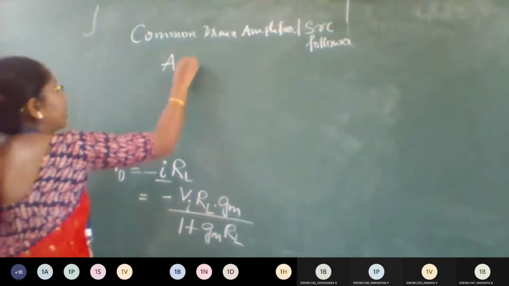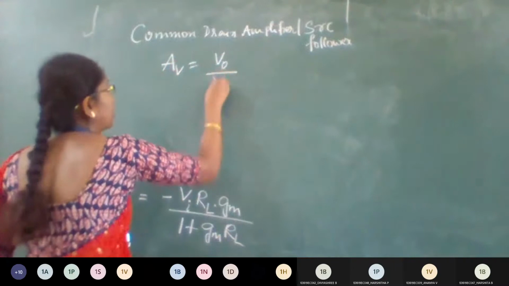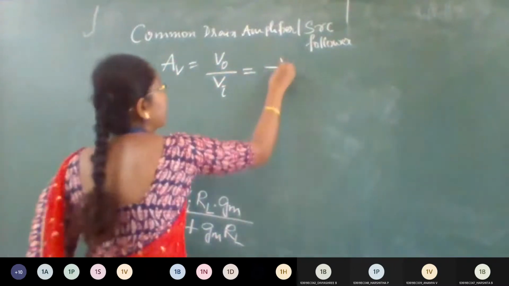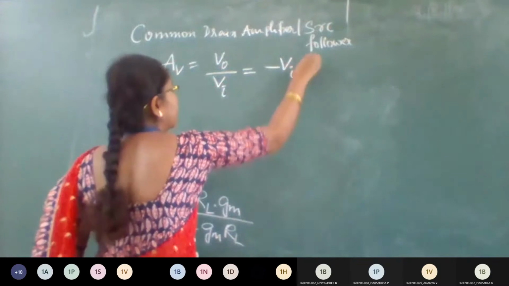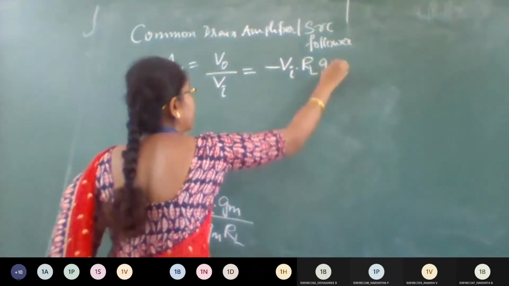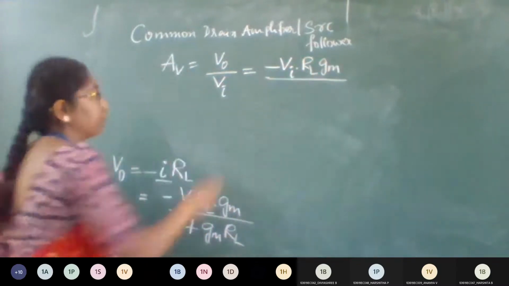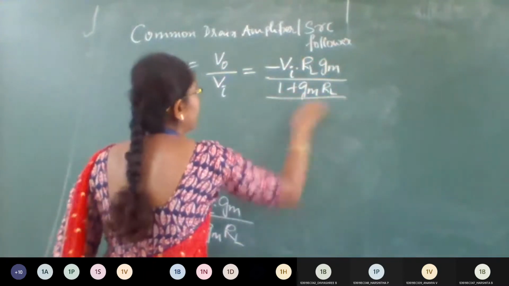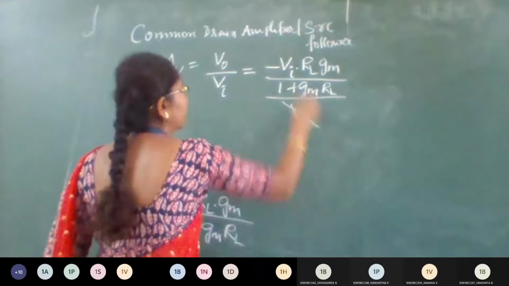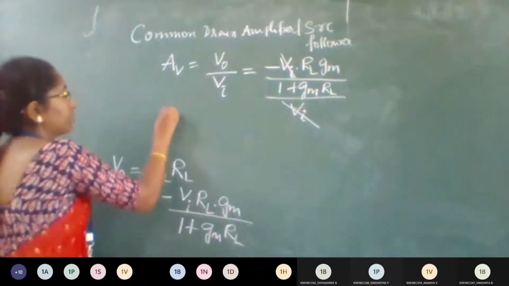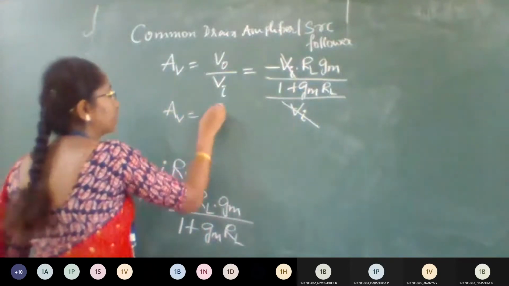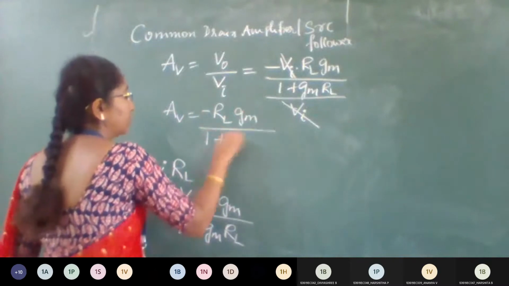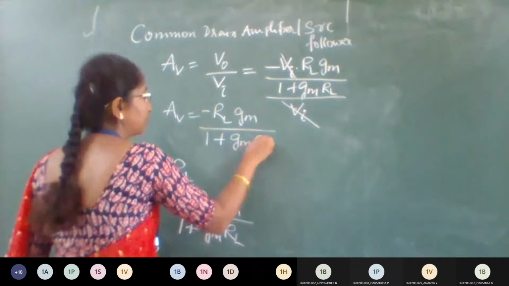Voltage gain overall is equal to V naught by Vi. V naught is minus Vi into RL into Gm by (1 plus Gm RL), divided by Vi. So Vi will get cancelled. Av is equal to minus Gm RL by (1 plus Gm RL).